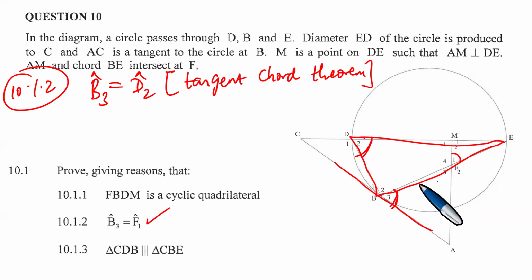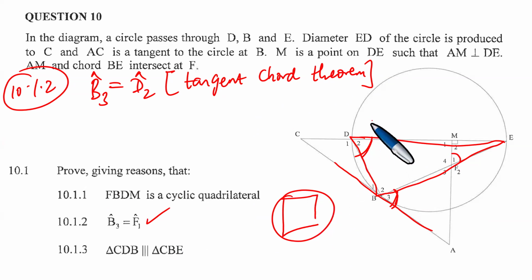Then you have F1 is equal to D2, because you already have the exterior angle of a cyclic quad. You proved that FBDM is a cyclic quad.